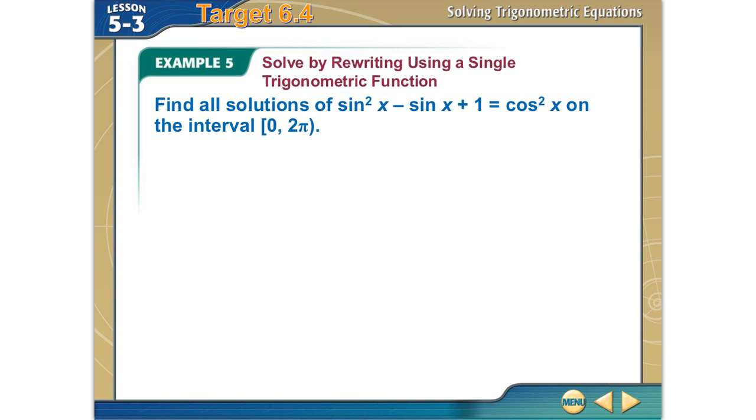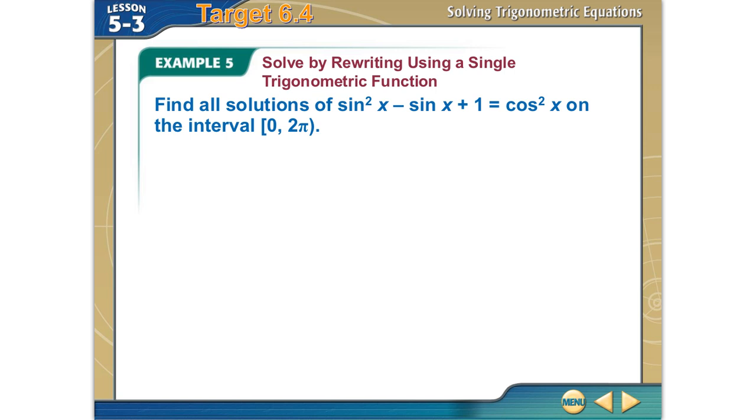So what we're going to have to do is use our Pythagorean identity and rewrite this so it is just one trig function. Now, the fact that we have a sine squared and a sine means we're going to want to change the cosine squared into a sine squared, using the Pythagorean identity.